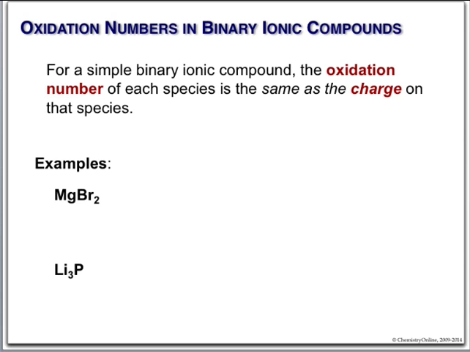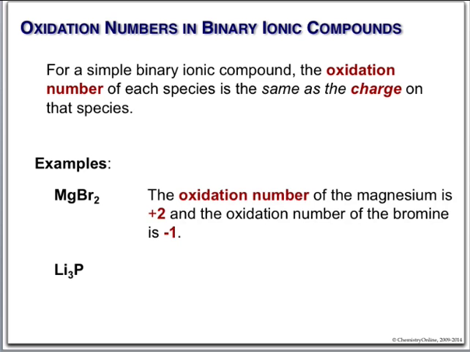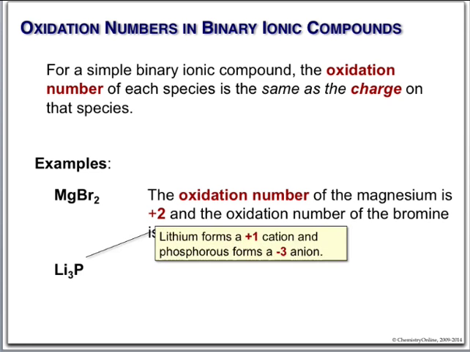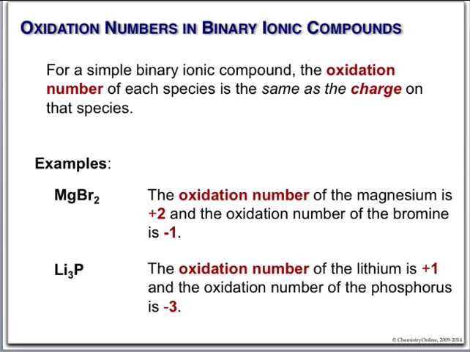But we can still talk about it as an oxidation number. The charge here is a +2, charge here is a -1. Therefore, if we wanted to call these oxidation states, we would say the oxidation number is +2 and bromine is -1. Simply another way to talk about the charge. For lithium phosphide, this is a +1, that's a -3. Oxidation numbers would be +1 and -3. Same as the charge.